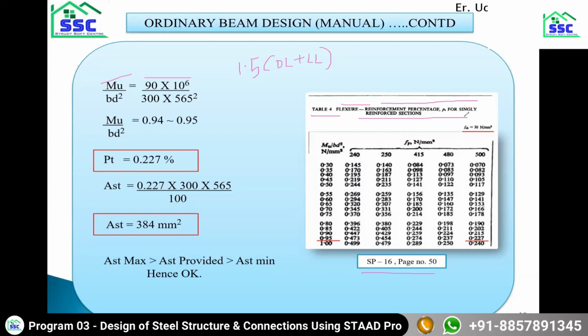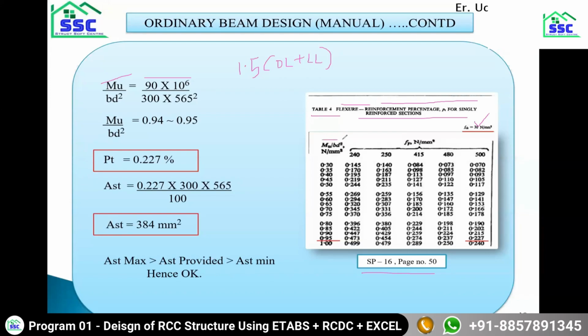We evaluated at the start that we are going to design a singly reinforced beam because our design bending moment is much lesser than the limiting bending moment. So we can use this chart for singly reinforced sections. This particular chart is given for fck 30 Newton per mm square. There are charts for other concrete grades as well.